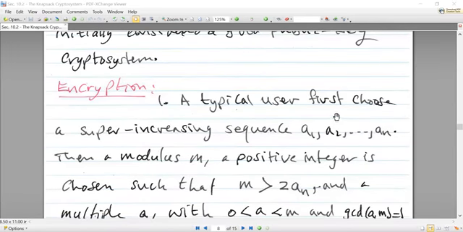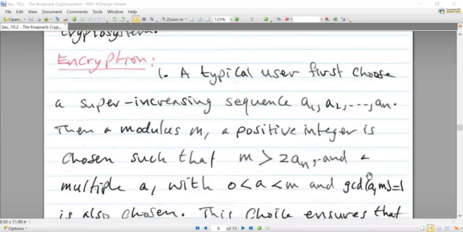So a typical user first chooses a super increasing sequence, A1 up to AN. Then a modulus, because we're going to be using modular arithmetic to do the calculation, M, a positive integer, is chosen such that M is bigger than twice AN, where AN is the last term of this super increasing sequence.